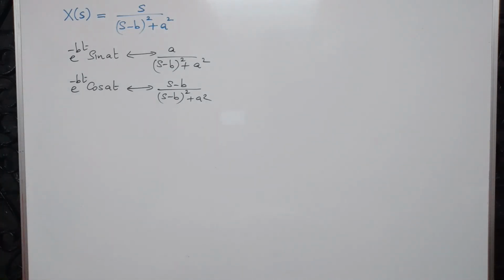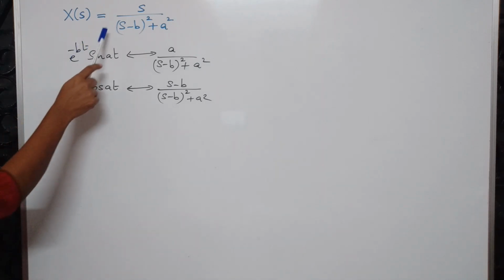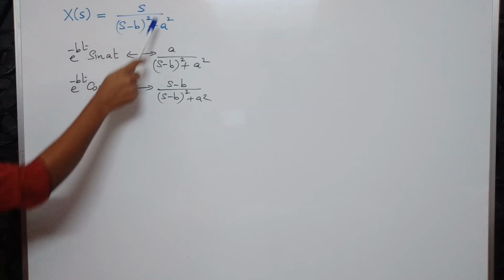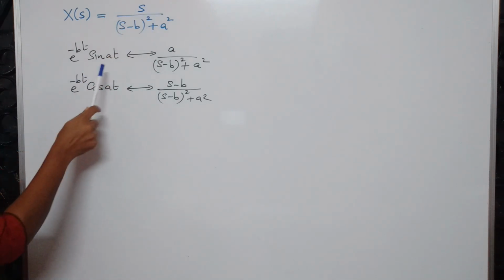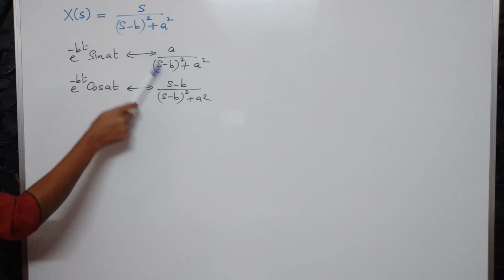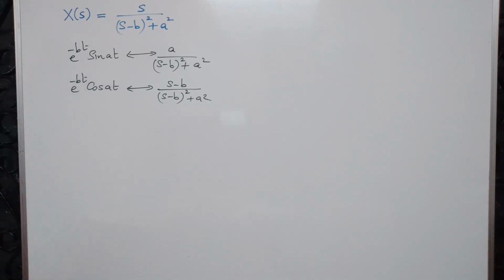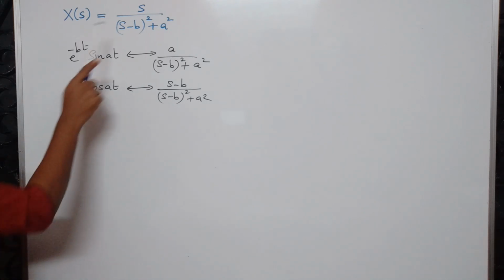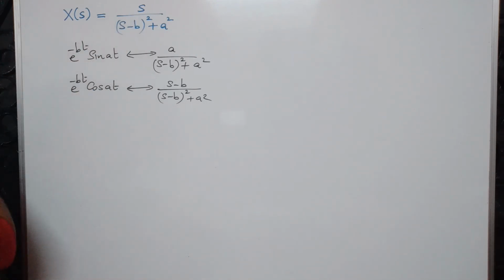So our aim should be to express the given function, or you have to rearrange this given function somehow so that it can be compared to the standard equation. So here we see that either a should come in the numerator or s minus b should come in the numerator. Here there is just s, so we can add b and subtract b.